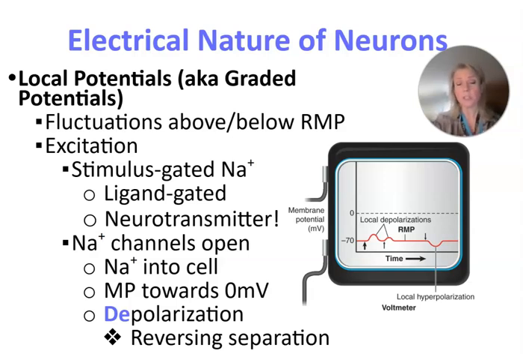that binds to the ligand-gated channels. Sometimes it's a neurotransmitter that causes hyperpolarization. If a neurotransmitter binds to a ligand-gated channel on the surface of our neuron, and that channel opens and allows potassium to leave the cell, then we get something called hyperpolarization, because now instead of the membrane around the area becoming more positive, it's going to become more negative because the positive ion potassium is leaving the cell.